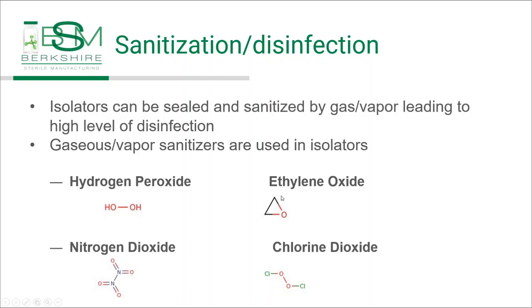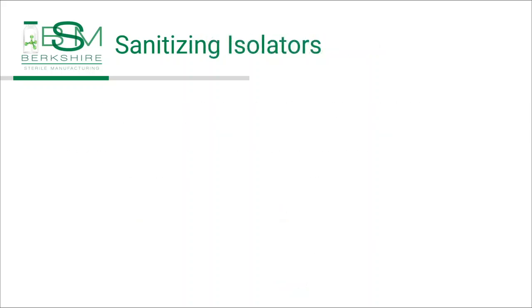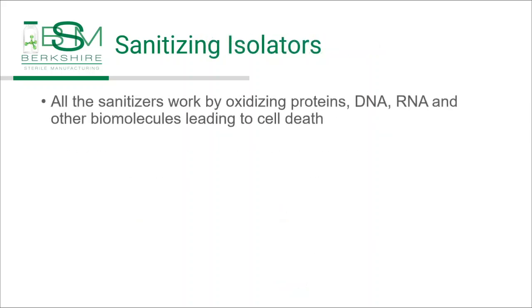In early days, formaldehyde and peracetic acid were used, but they led to very long sanitization and aeration times, so they've fallen out of favor. By far, hydrogen peroxide is the most commonly used sanitizer in pharmaceutical isolators today.